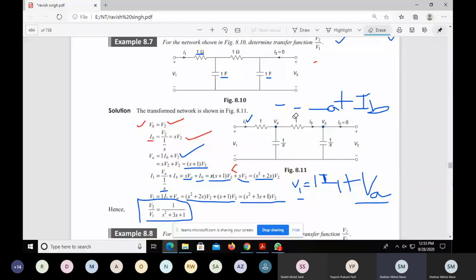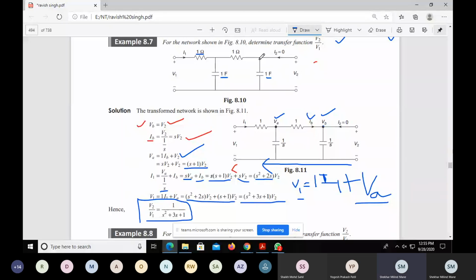So just remember this. These are the assumptions that we made: VA, IB, and VB. We have to write these assumptions in terms of V2, and we have to go from right to left.